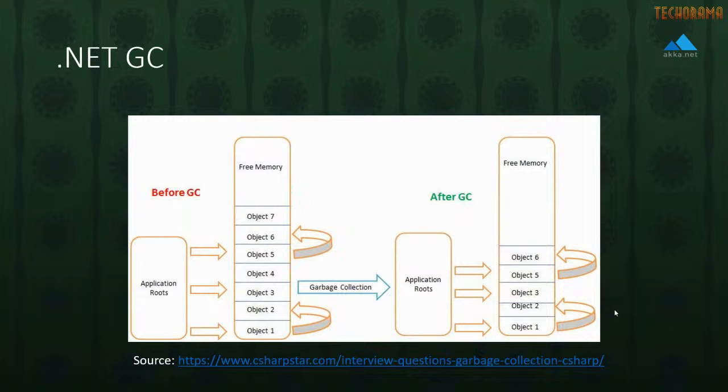The way garbage collection works in .NET is via what's called object roots. If you take a look at this diagram, object number 7 is no longer rooted. This means that any objects that previously referenced object 7 have either been nulled out or have also been collected. In which case, object 7 is no longer referenced by anything.